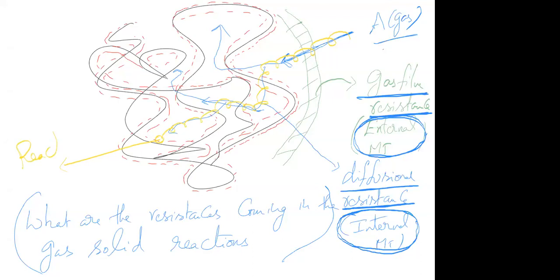Reaction resistance. So first, the particle has to cross the external mass transfer or gas film resistance, then it has to cross internal mass transfer, then it has to cross the reaction resistance.